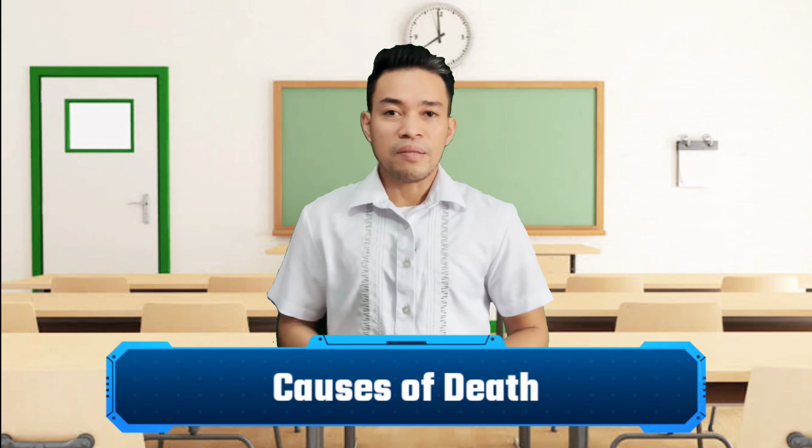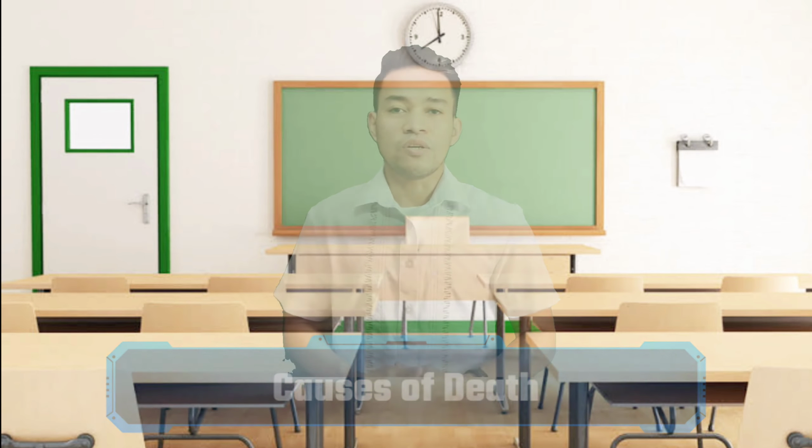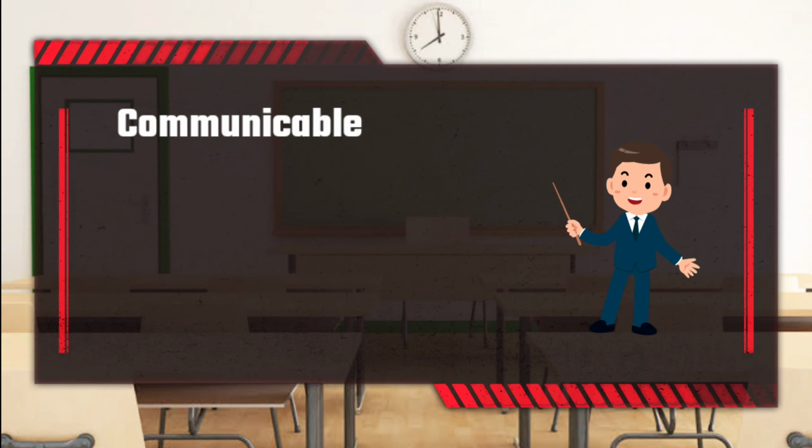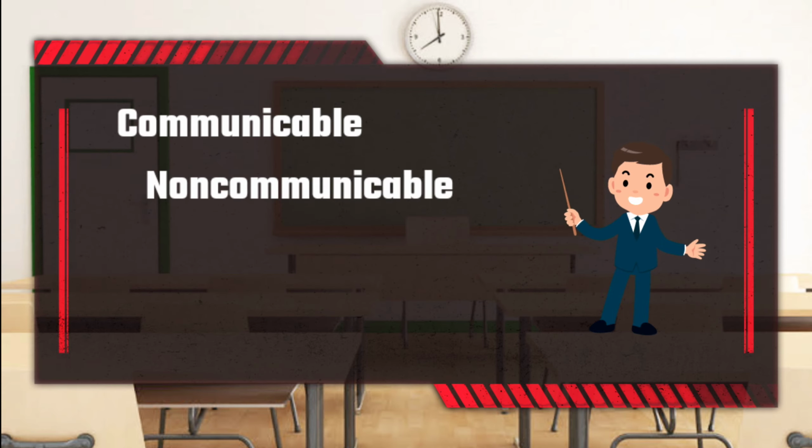Causes of death can be grouped into three categories. Number 1, communicable. Ito yung mga infectious and parasitic diseases and maternal, perinatal, and nutritional conditions. Number 2, non-communicable like chronic. And number 3, injuries.